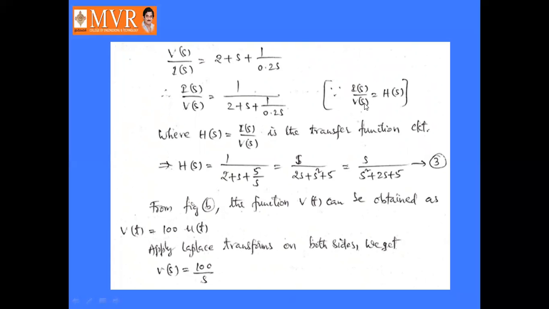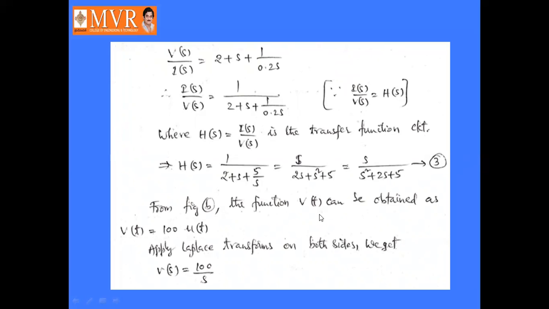But I of s by V of s is nothing but h of s, so it is the transfer function of the circuit. So h of s equals 1 by (2 plus s plus 5 by s), or s by (2s plus s square plus 5), or s by (s square plus 2s plus 5). This is equation number 3.